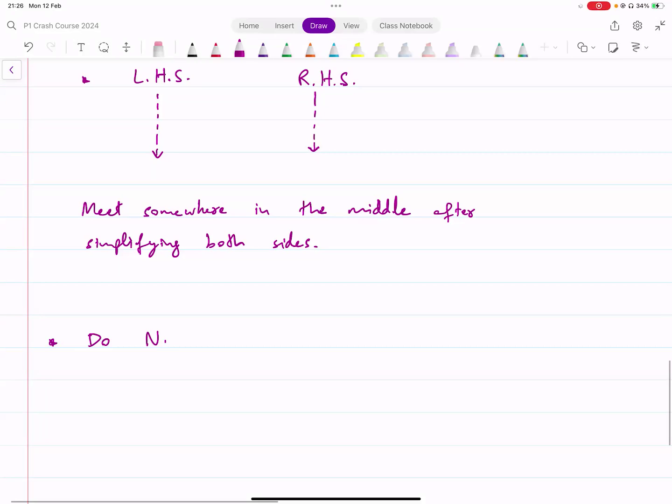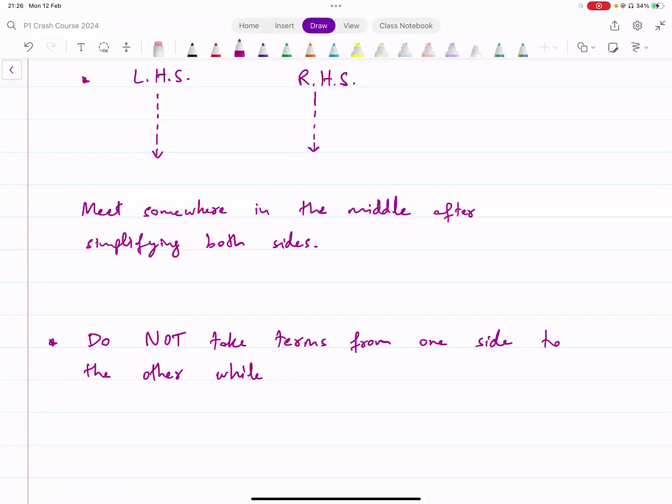Do not take terms from one side to the other while proving identities. You can't do that. You can't take terms from one side to the other while you are proving identities.